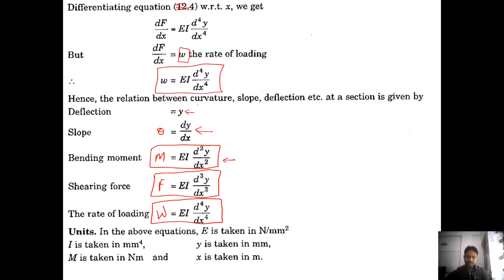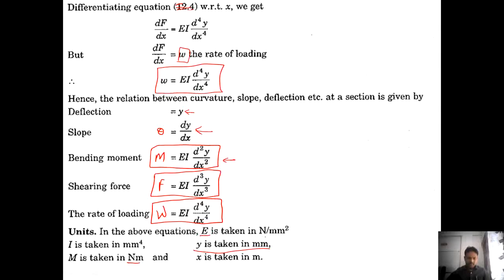Now the units for the above quantities. Y is deflection, in mm. Theta is in degrees or radians, generally we use radians. Bending moment M is force into distance, that is Newton meter or Newton mm. Force is in Newton. Rate of loading w is again in Newton.